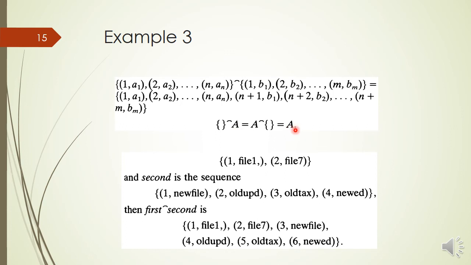Now consider another example of the concatenation operator. The first sequence contained two elements and the second sequence contained four elements, and by concatenating the first and second sequence we will get 6 elements in total.